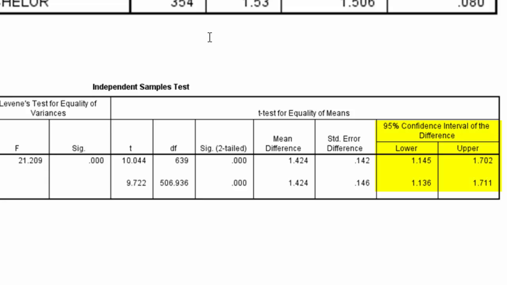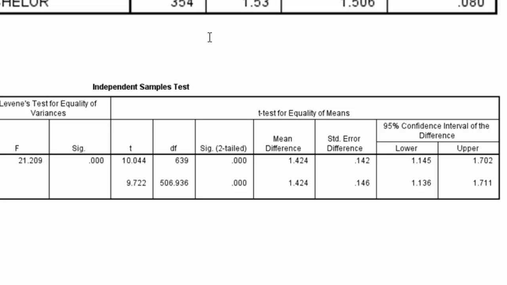Basically what these two boxes tell us is that in the larger population, those with less than a high school degree could have as little as 1.1 more children than those with a bachelor's degree, or as many as 1.7 more children. Either way, we're 95% certain that it's somewhere in between those two values. So all in all, we did find that number of children does vary by your educational status.